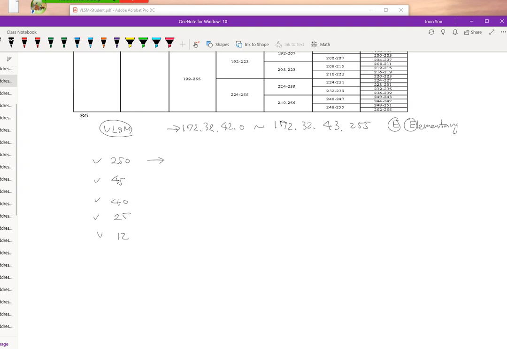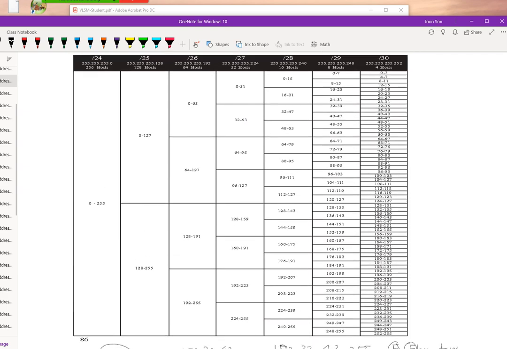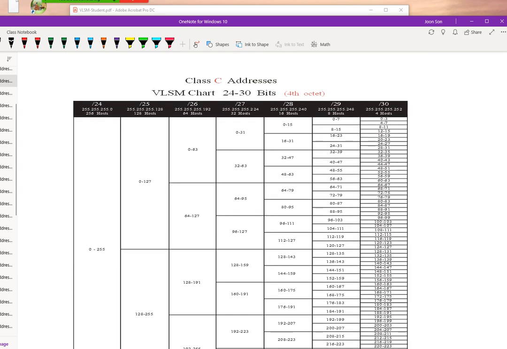Anyway, 250, so we have to use a class C. So let's say 250. Can we use /25? No, because it can only hold up to 128. Then we can use /24, because it can hold up to 256 hosts.